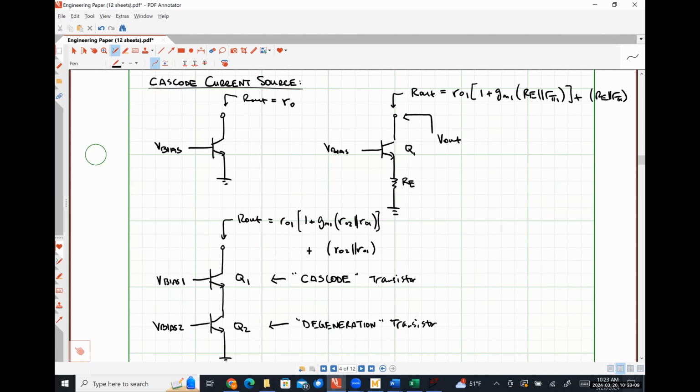Could we make a cascode current source with a MOSFET? Absolutely. Is the equation for the output resistance going to be any different? I don't see an r_pi anywhere in there, so no. Literally not at all. Exact same configuration, exact same.